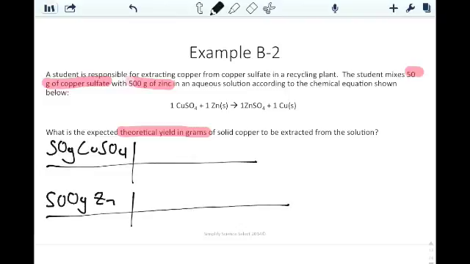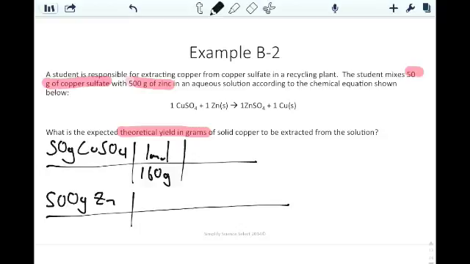Okay, so from here, we're going to need the molar masses. So we'll start with our copper(II) sulfate. It has a molar mass right around 160, so 160 grams per 1 mole.